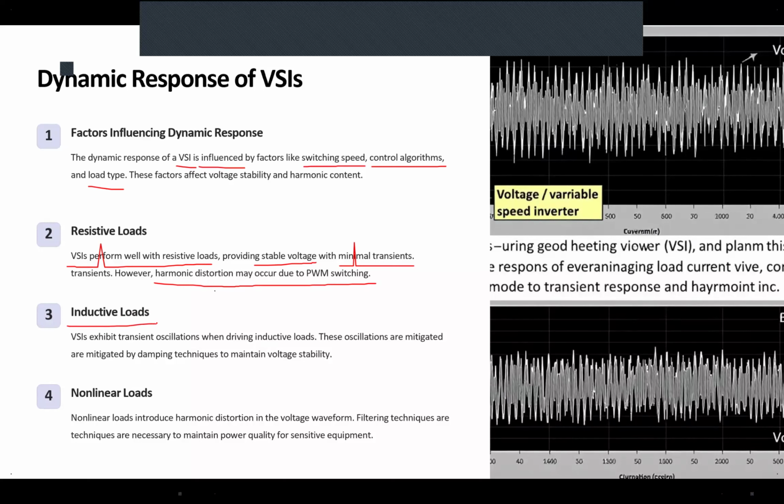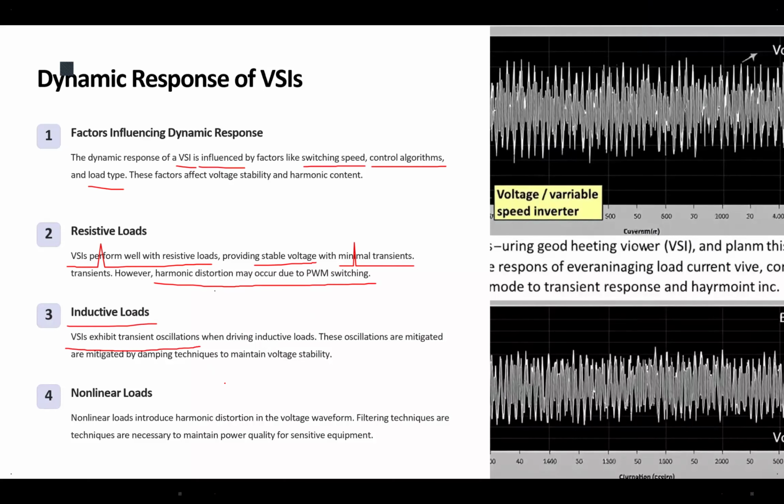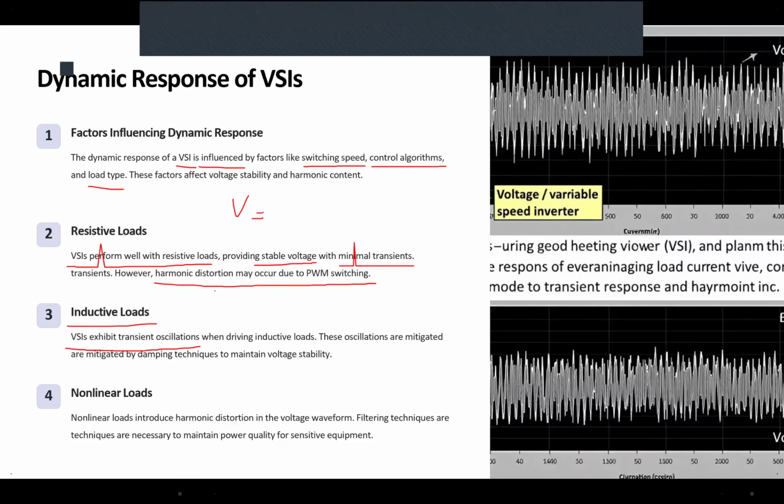When you have an inductive load, okay, VSI exhibits transient oscillation. We talked about that a little bit a few minutes ago. Inductive doesn't like changing a current. If you change the load, meaning change the current, the voltage across the inductor, which is L di over dt, sees a sudden change.